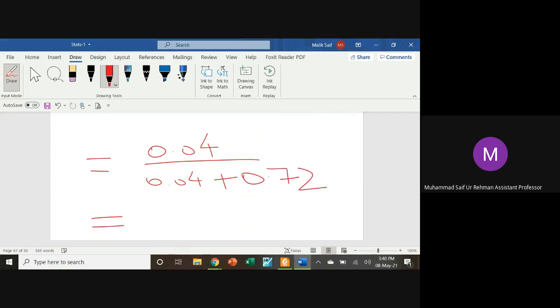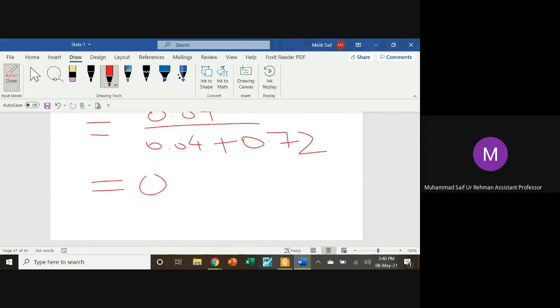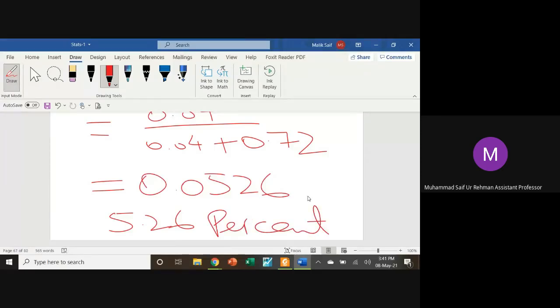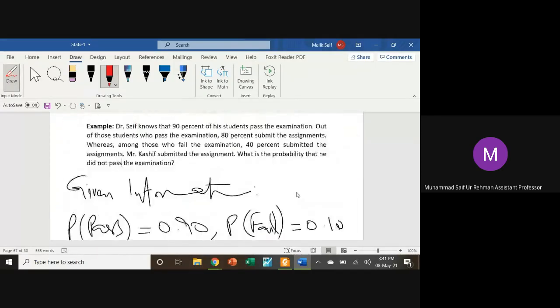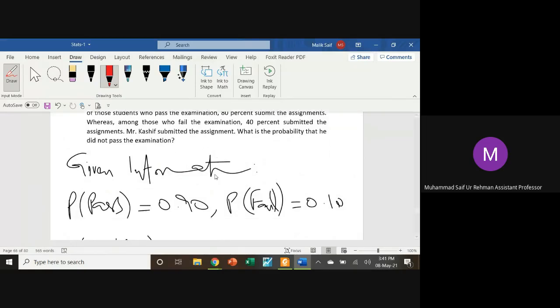See what is the answer. Plus 0.04, multiplied by 0.04. I have found it as 0.0526, or you may say 5.26% are the chances that Mr. Kashif, who submitted the assignment, did not pass the examination.